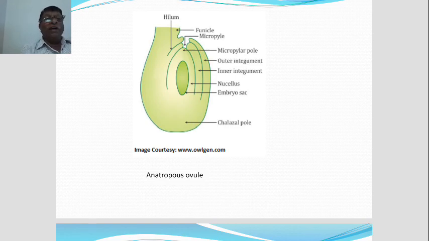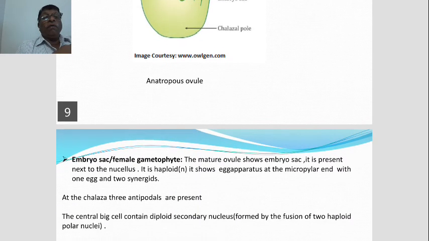It is the major part. Okay. At the center, embryo sac is there. When the ovule is young, there is no embryo sac. When it matures, embryo sac differentiates. Don't confuse.